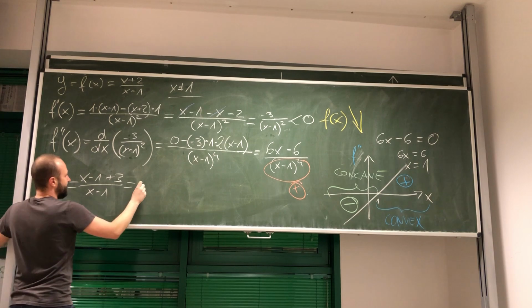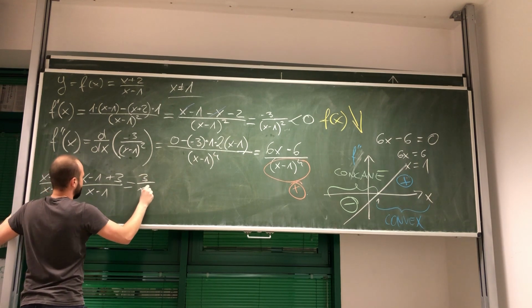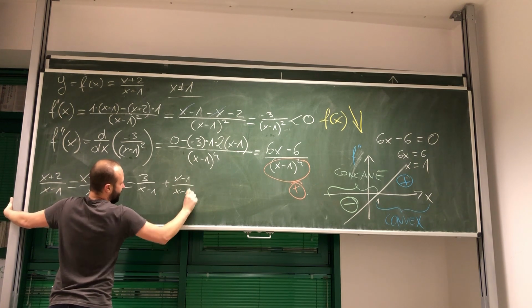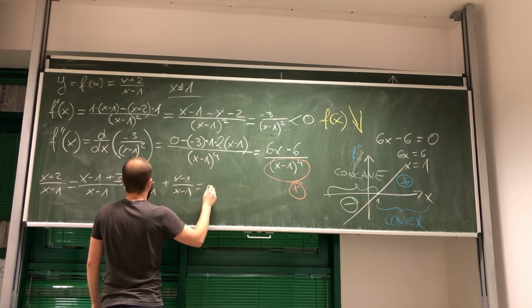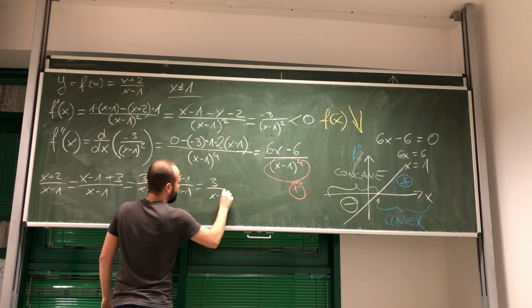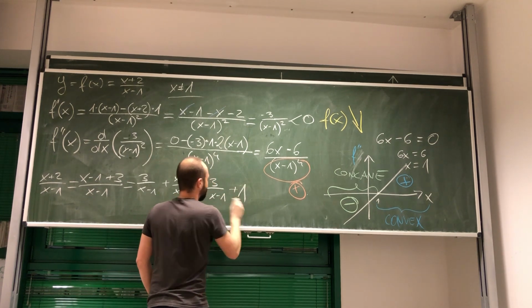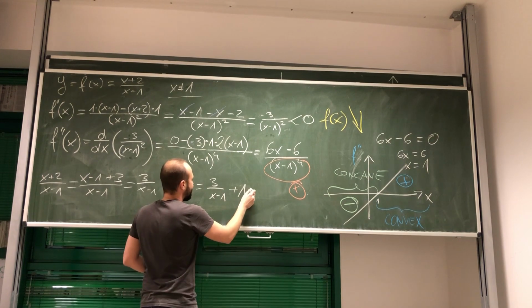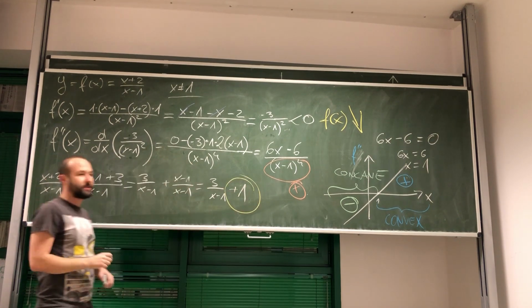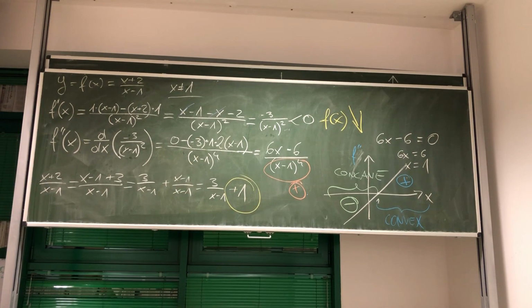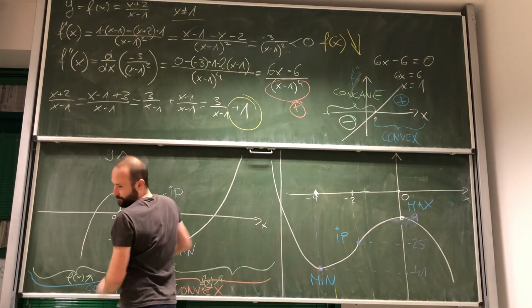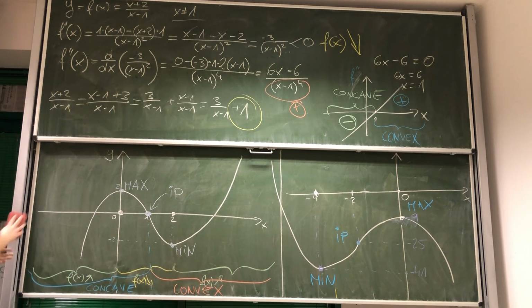But this is the same as 3 over x minus 1 plus x minus 1 over x minus 1, which is equal to 3 over x minus 1 plus 1. Look, remember we were dealing with this. This is showing us that this function is going to have an asymptote at 1. Okay, so now let's get to drawing.